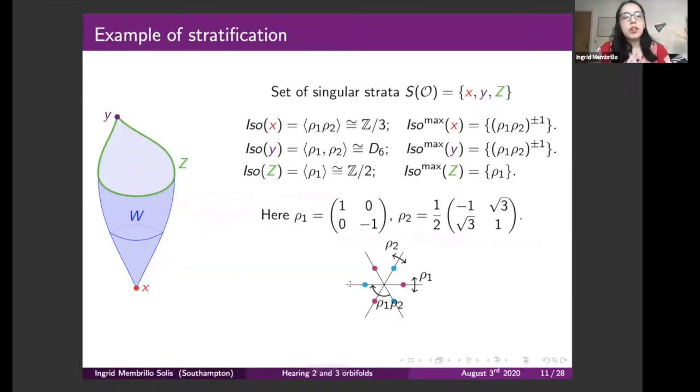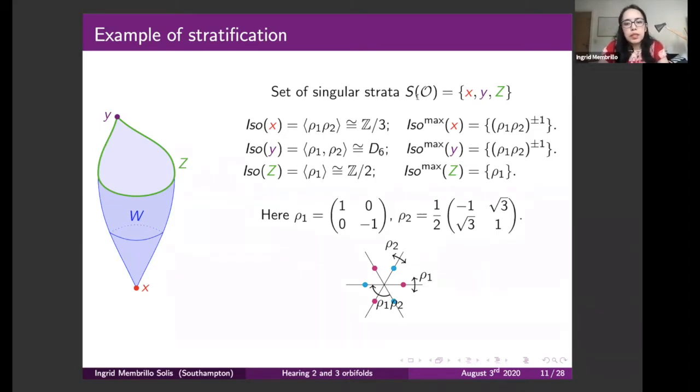Okay, so now let me just give an example of this stratification. This figure is basically the figure that I presented in my first slide. So this is just the quotient of this wallpaper by the action of its group of symmetries.